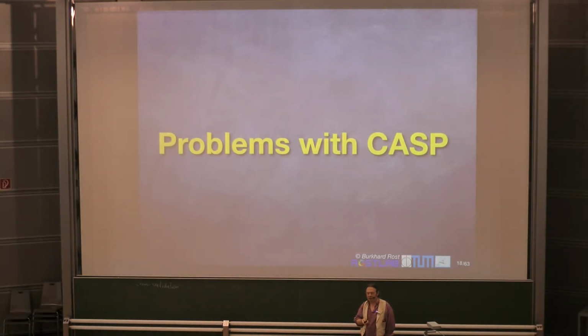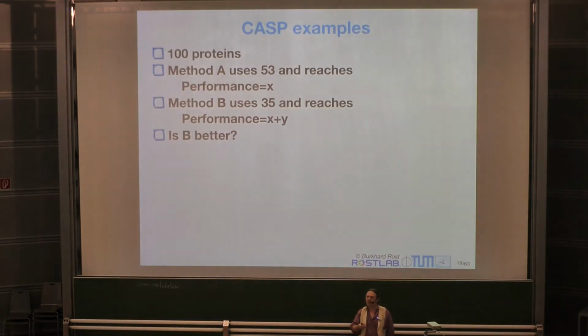Problems with CASP are, first of all, that we have a very limited number of proteins. That's the first problem. So I said, in order to do this trick that you look up a new protein, you have to have numbers that are meaningful.